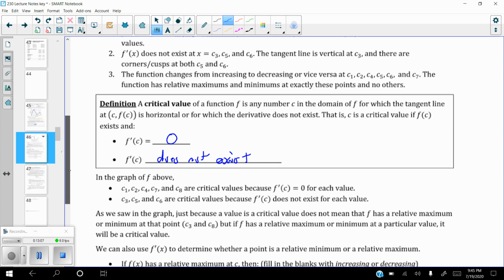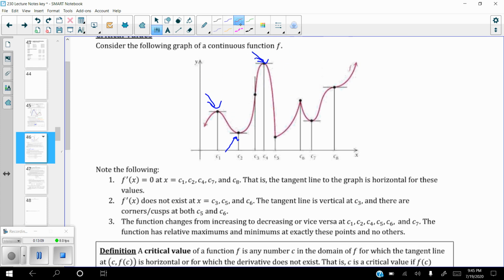At C3, right here, vertical tangent, so it's an undefined slope. C5, corner. C6 is a cusp. So all of those places are critical values.